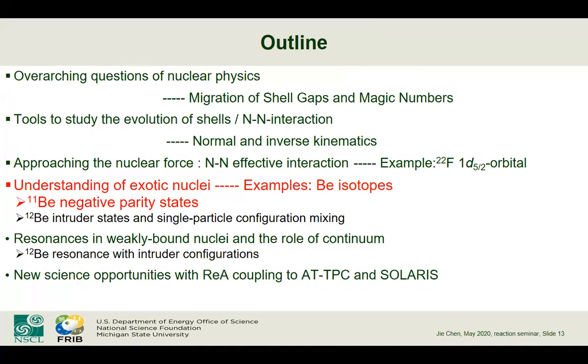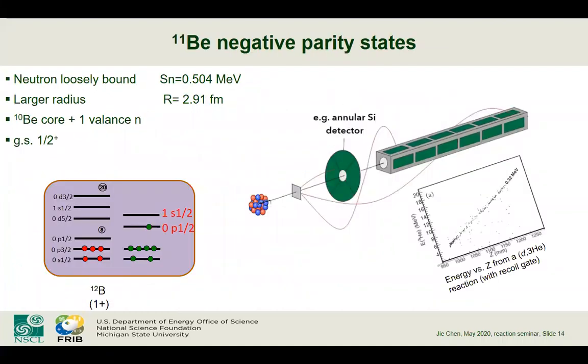Firstly, I will show you how we test the different theoretical models using the beryllium-11 negative parity states. So beryllium-11 is well known as a halo nucleus with a weakly bound neutron coupled to the beryllium-10 core. It has an unusual ground state of 1/2+, which is inverted with respect to the first excited state 1/2- compared to the conventional shell model.